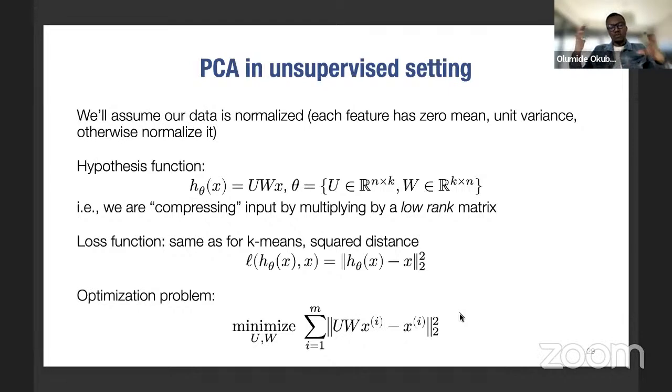Don't forget, in K-means, we're mapping all of these points to a centroid, but in PCA, we are mapping each point to a better version of themselves, a lower version of themselves.